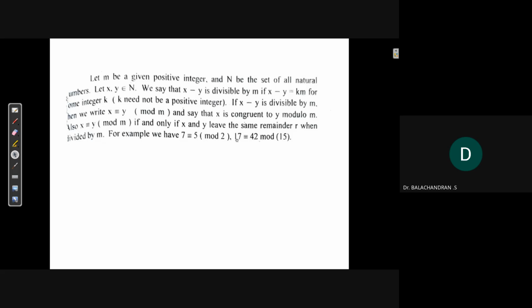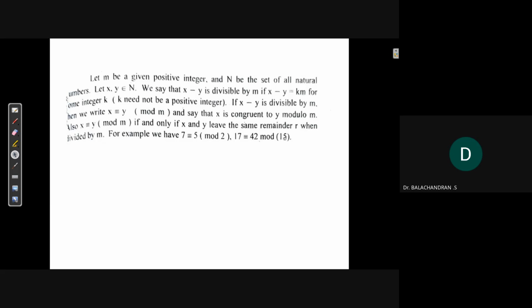Also 17 minus 32 is minus 15, which is exactly divisible by 15. Even 17 minus 62 is minus 45, which is exactly divisible by 15.